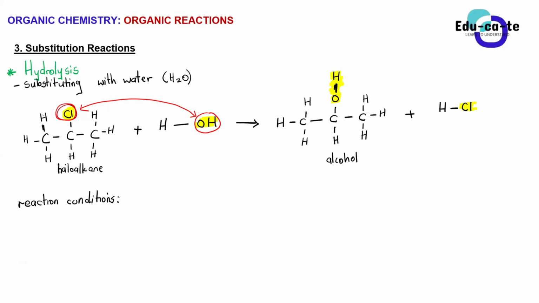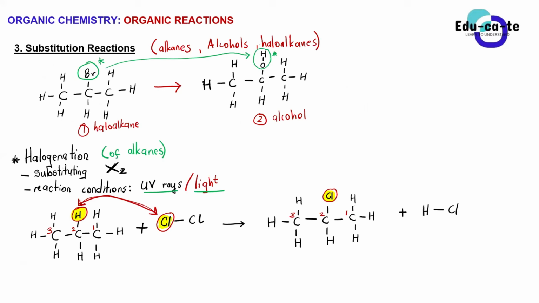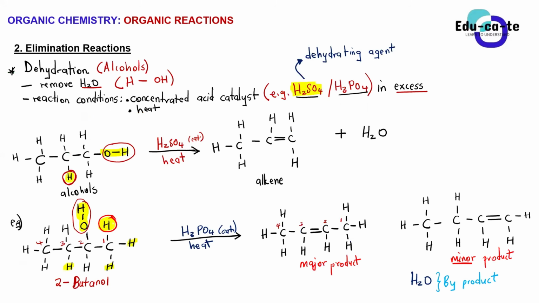Remember guys, when we were doing other things with sulfuric acid such as dehydration, during dehydration we were using concentrated sulfuric acid, right? When we did hydration, we were still using the concentrated one.